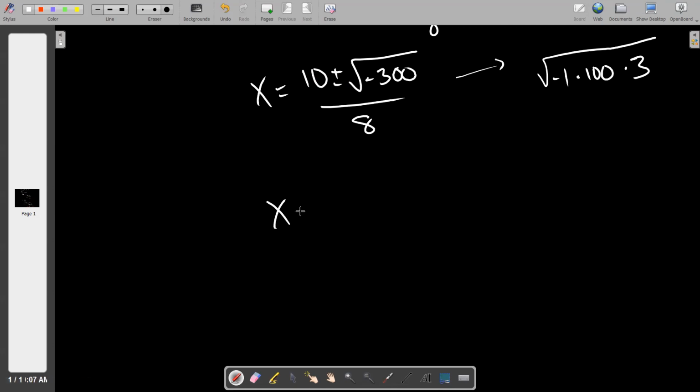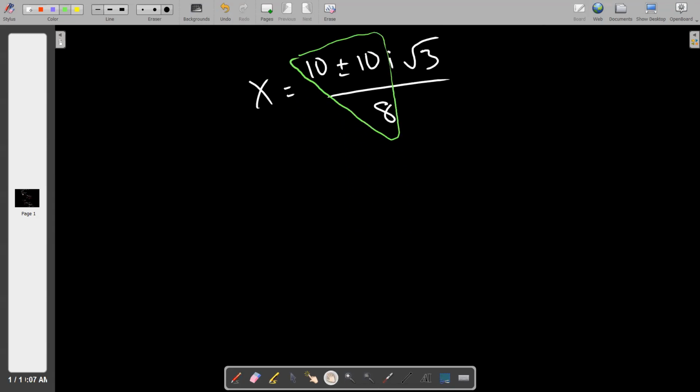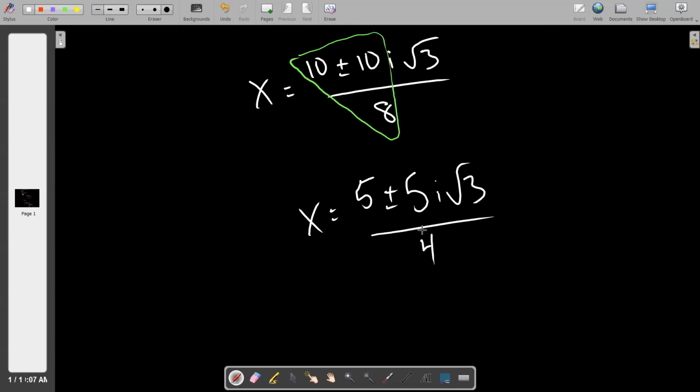So our answer in its final form, I think, no, it's not going to be a final form. It's going to be 10 plus or minus 10i root 3 all over 8. And why is that not a final form? Yeah, take the Dorito and divide all the numbers inside of it by 2, which produces x equals 5 plus or minus 5i root 3 over 4.